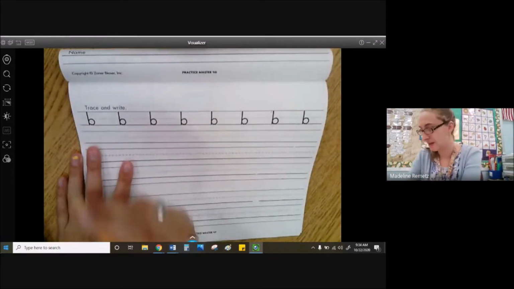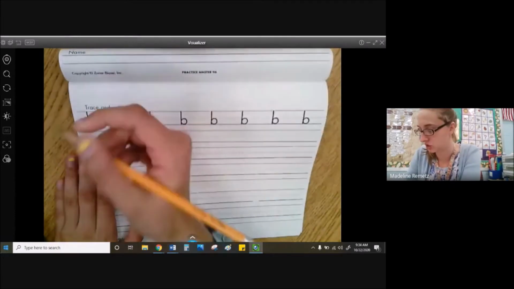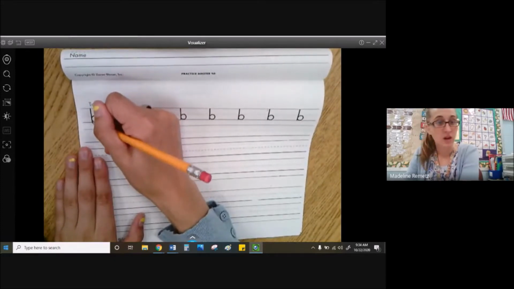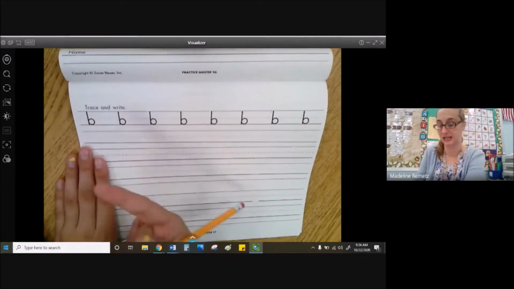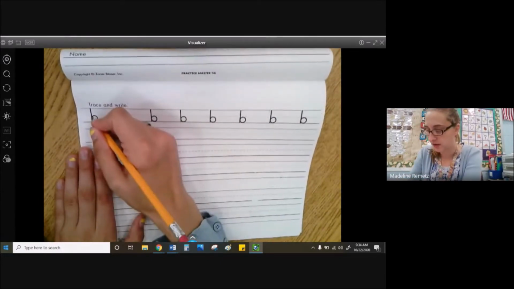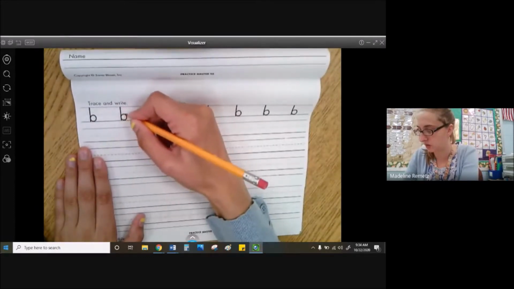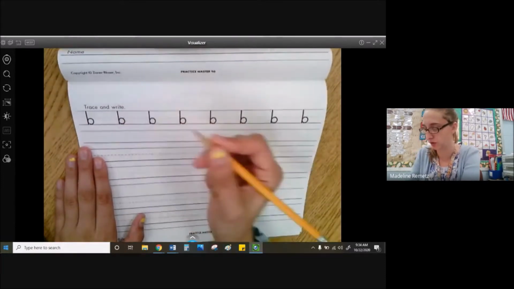Let's look at them. So make sure you're practicing holding your pencil nice and sharp, nice and straight. And you start from the top to the bottom. Always start from the top to the bottom, especially when you're doing lines like this. And then your curve is either an O that you connect to your line, or you can do your line down and a backwards C. So it's kind of a backward C, but it's a forward curve.